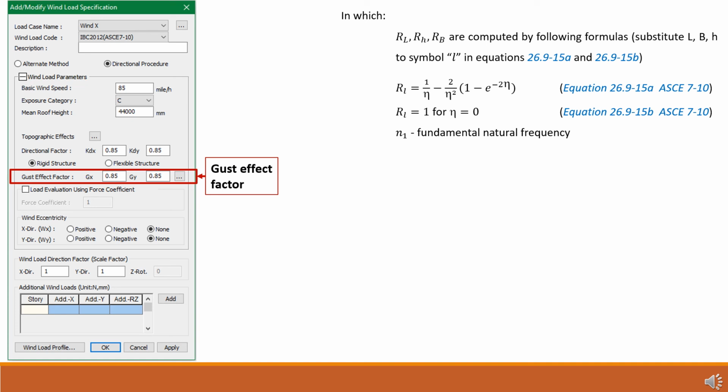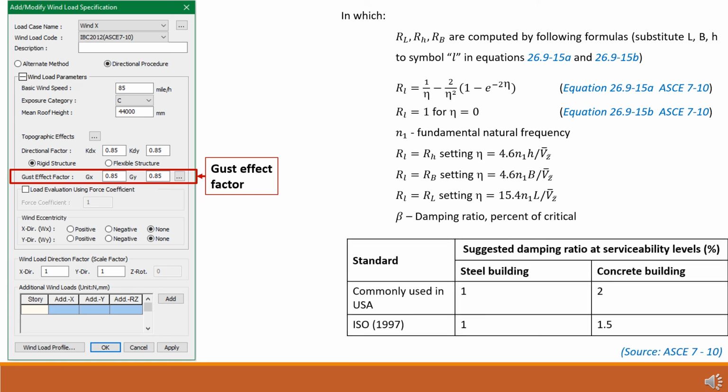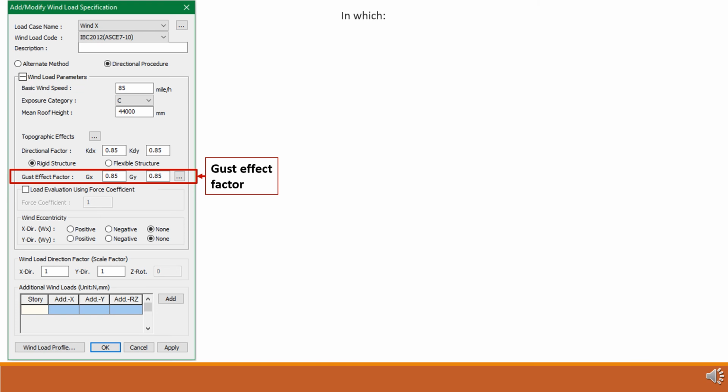Fundamental natural frequency. Damping ratio, percent of critical. Mean hourly wind speed.